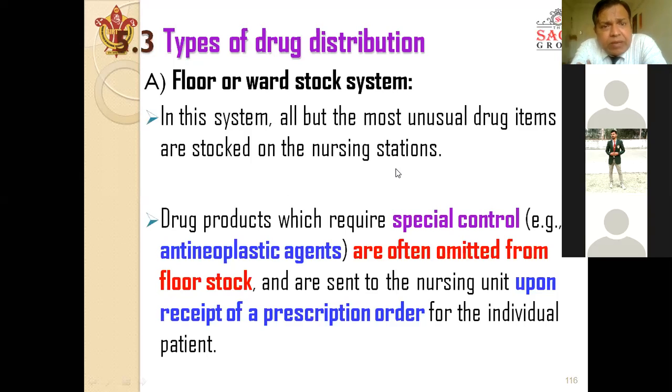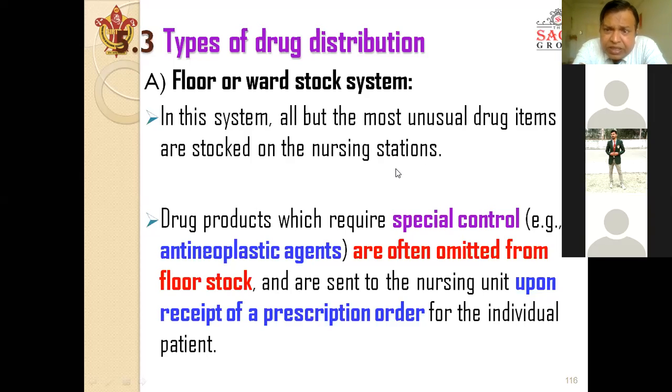There are three types of drug distribution system in a hospital. A is the floor or ward stock system. In this system, all but the most unusual drug items are stocked at the nursing station. That happens floor-wise: first floor, second floor, third floor, like that.